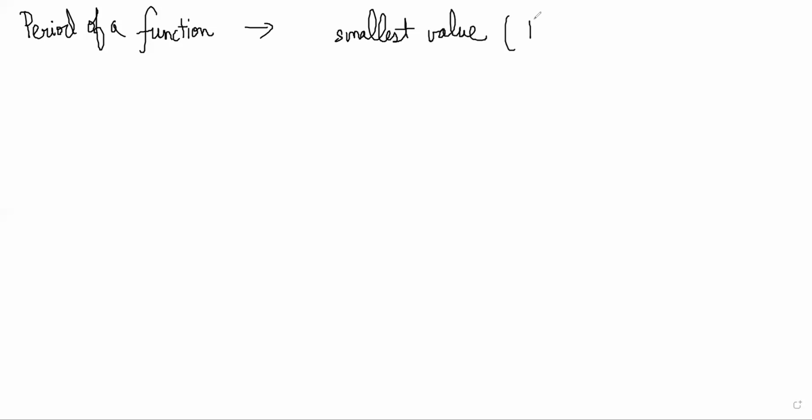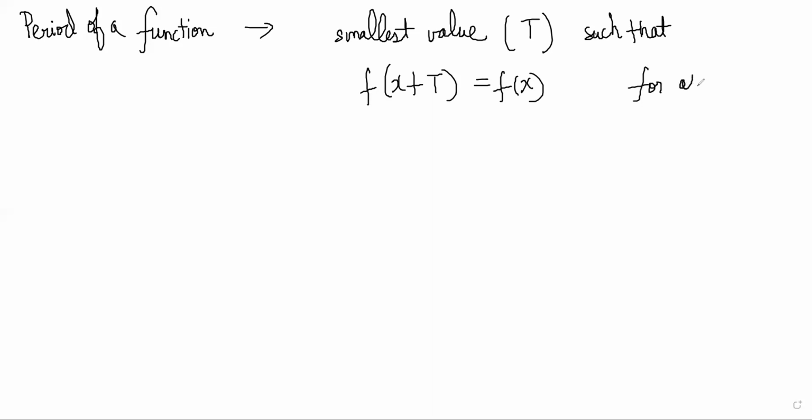Period of a function is basically the smallest value, say let's call it t, such that f of x plus t is equal to f(x) for all possible x.